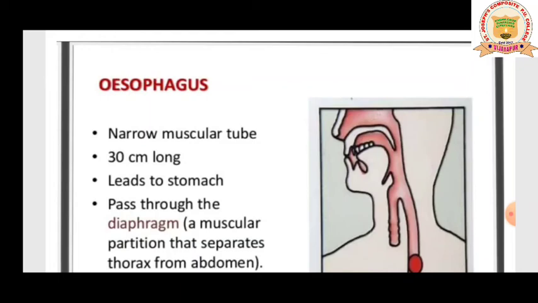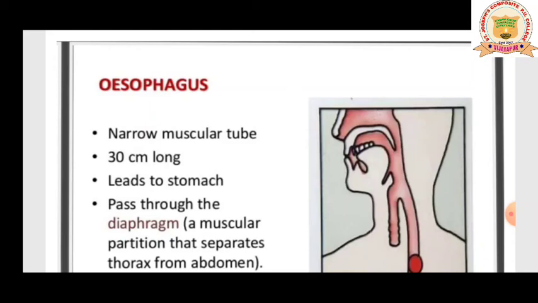So the esophagus is a narrow muscular tube, 30 centimeters long, that leads to the stomach. I think you understood now. The esophagus is a thin, long tube which extends posteriorly, passing through the neck, thorax, and diaphragm, and leads to a J-shaped bag-like structure called the stomach.